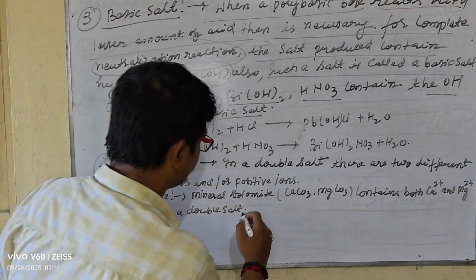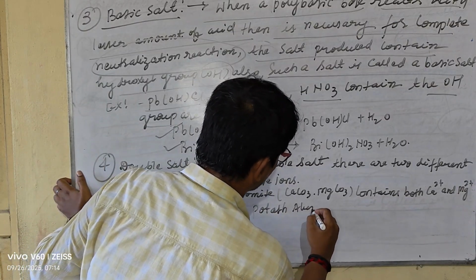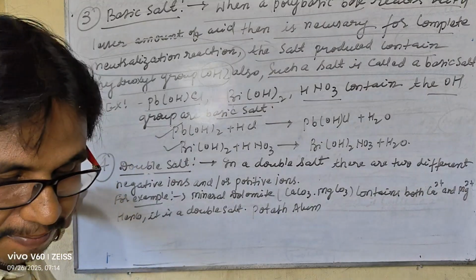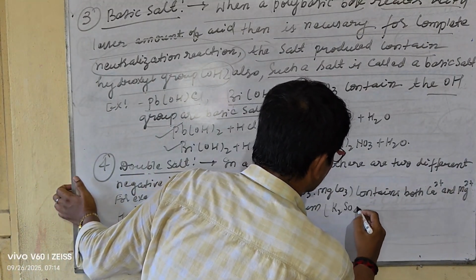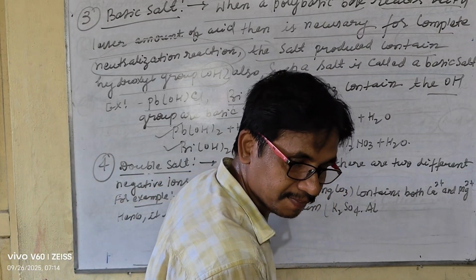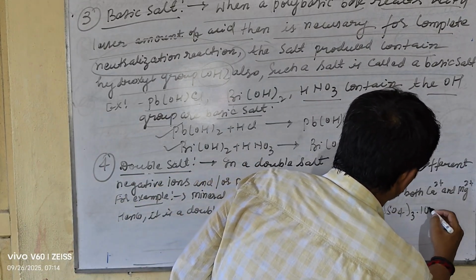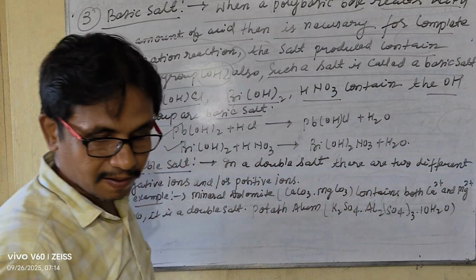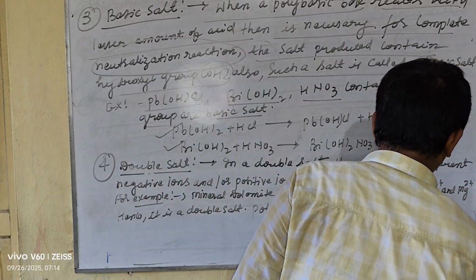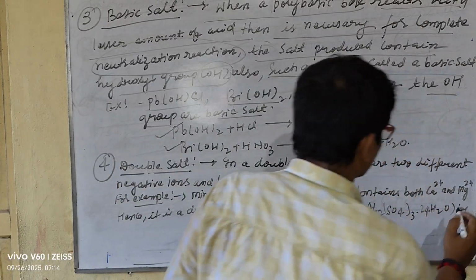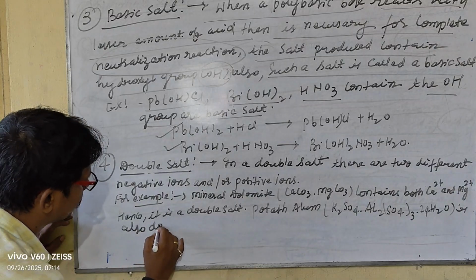Potash alum, that is K2SO4·Al2(SO4)3·24H2O, is also a double salt.